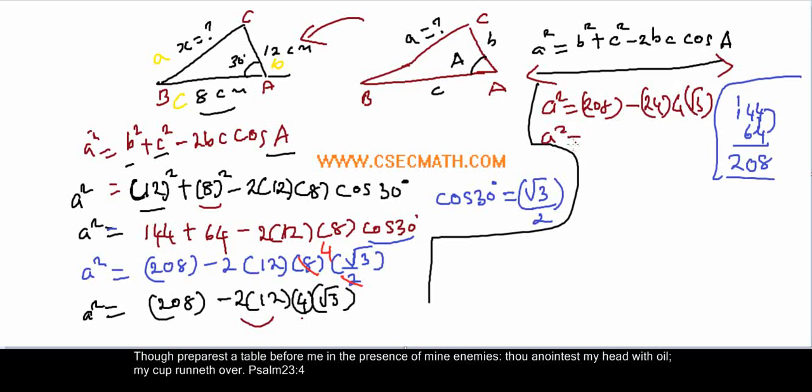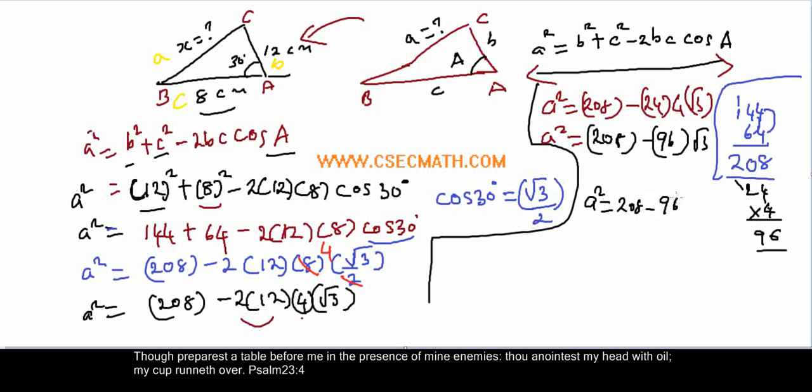This can be rewritten as A squared equals 208 minus 4 multiplied with 24. So 24 multiplied with 4: 4 times 4 is 16, carry 1, 4 times 2 is 8, and that's 96 multiplied with root 3. So now we have A squared equal to 208 minus 96 multiplied with root 3.